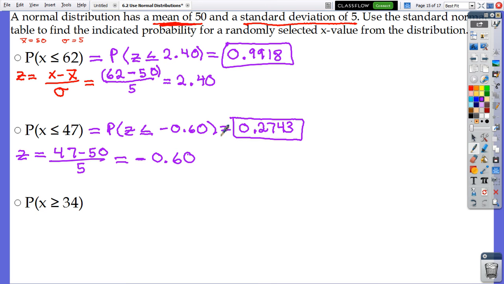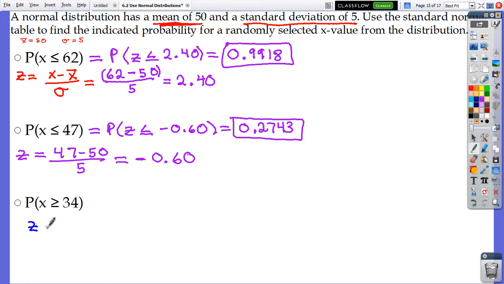All right, easy enough. Now we've got this third one down here, and it's a little different only because the sign is different. This one was less than or equal to, this one was less than or equal to, this one is greater than or equal to. I'm going to tell you 2 ways that you can go about this. First of all, I'm going to get my Z value.